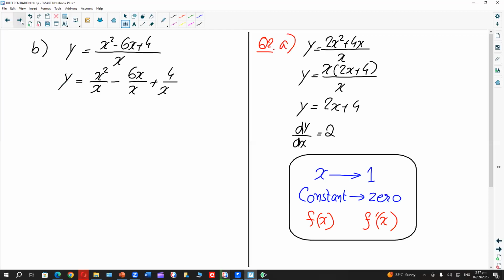Now look at the first step carefully. I have separated x on every numerator.